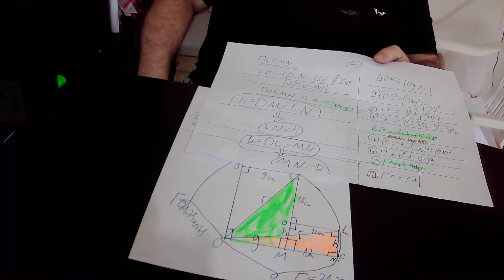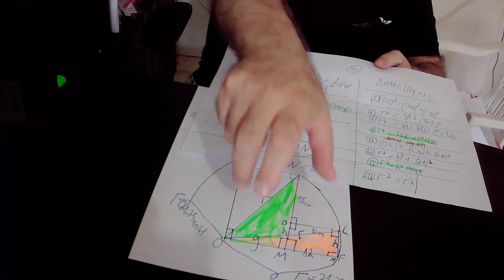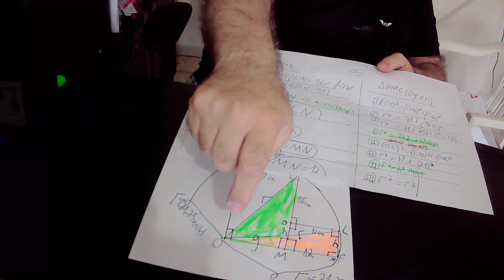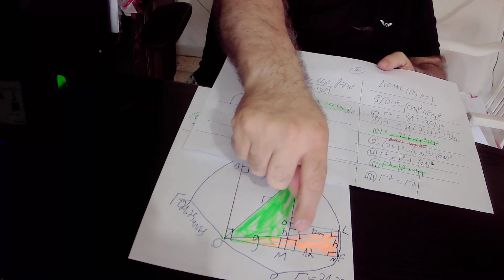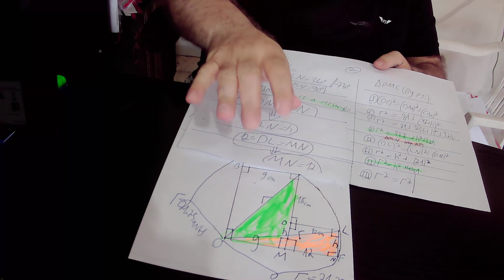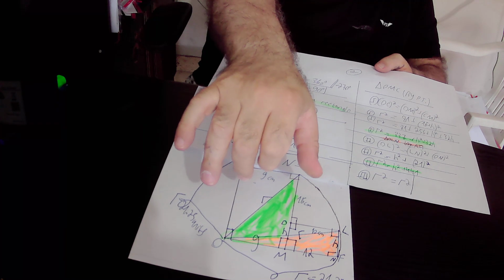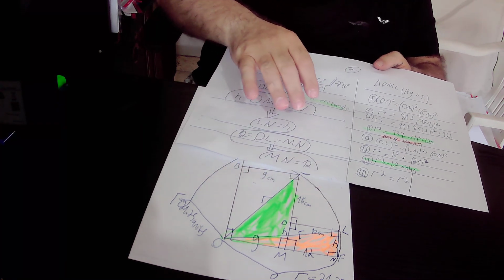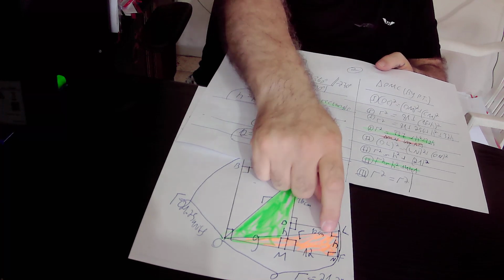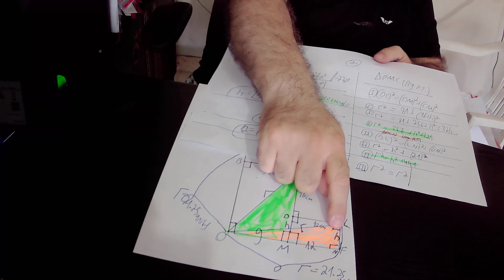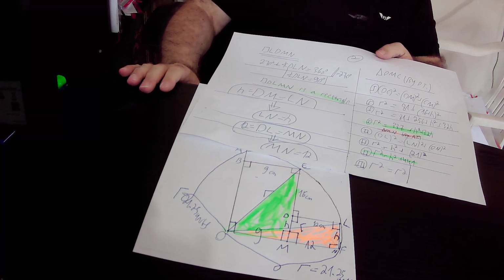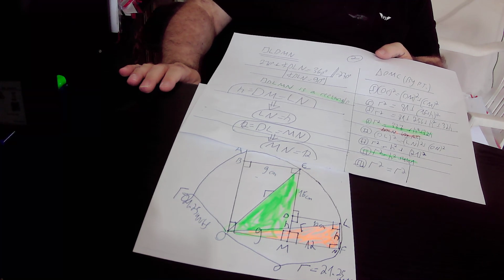So actually, note that ON equals OM plus MN, that is to say ON equals OM, that is 9, plus MN, that is 12. So in total, the length of line segment ON equals 9 plus 12, that is 21 units. And points N and F are very close to each other, therefore the radius of the quarter circle, that is OF, must be very close to the value of 21 units.